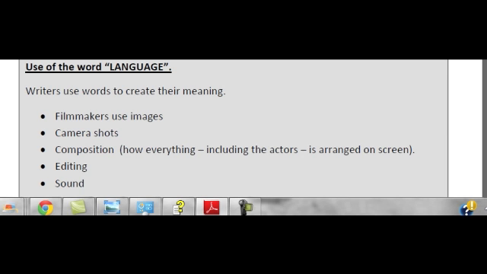This is all how meaning is created within the frame. And then these are arranged together in the editing process to create even more meaning. This is of course enhanced with sound, so your dialogue, your music, your sound effects.